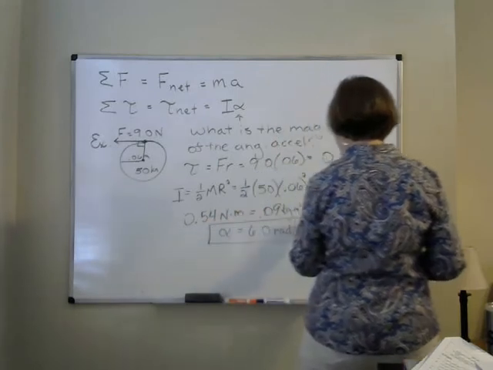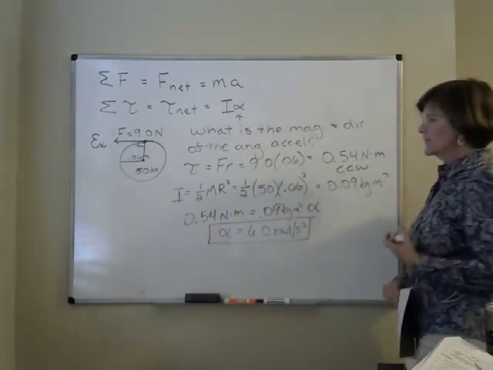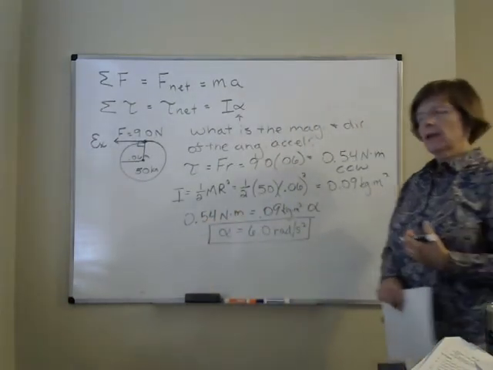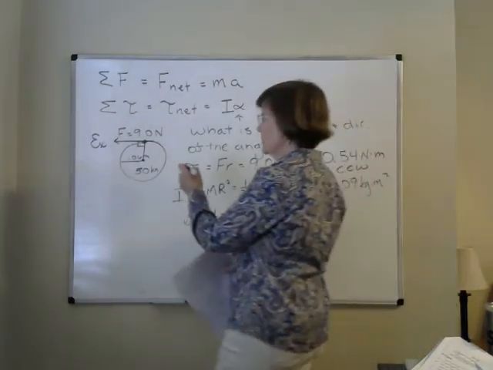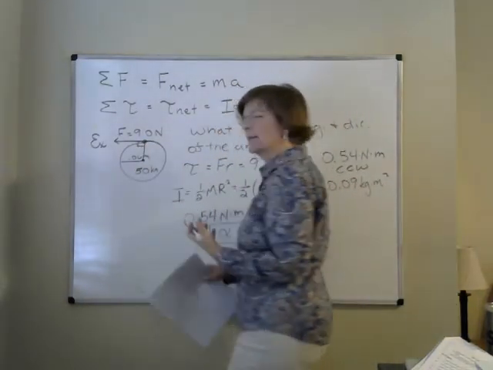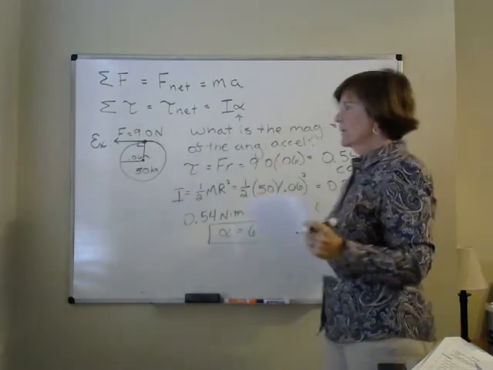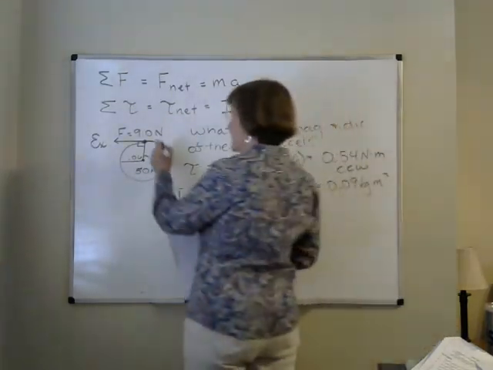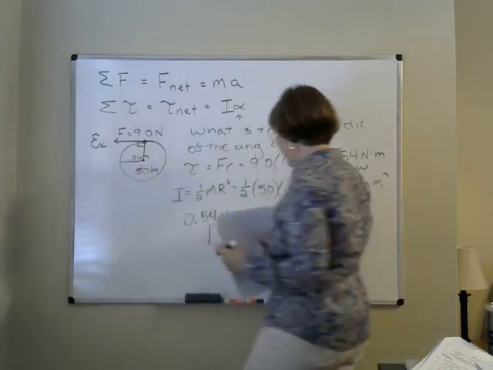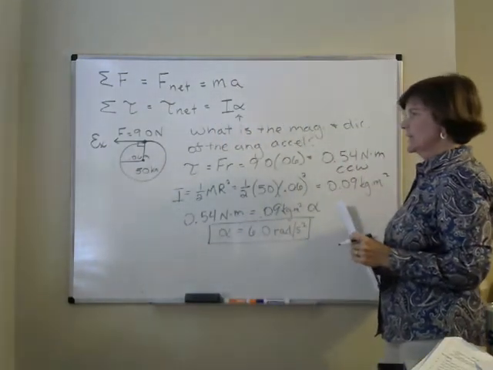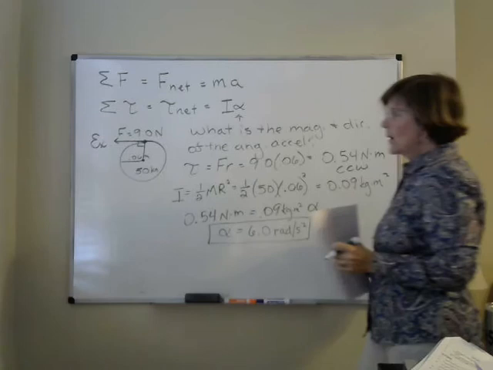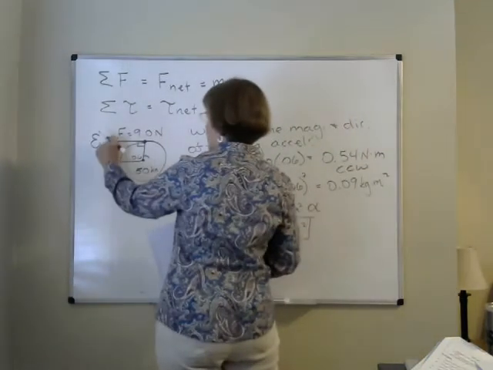Now, if I want to find the acceleration of the rope, remember this was a winch. If we actually go back to the original problem, we're pulling on a rope and we want to find out, well, if this is rotating with an acceleration of 6 radians per second squared, what's the linear acceleration of this rope?